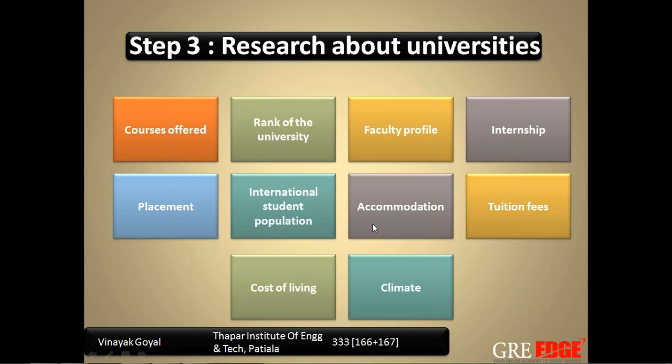It could be based on the place you are staying, the tuition fees you are paying, the accommodation, and all those things. So you should research thoroughly, apart from getting a good GRE score.